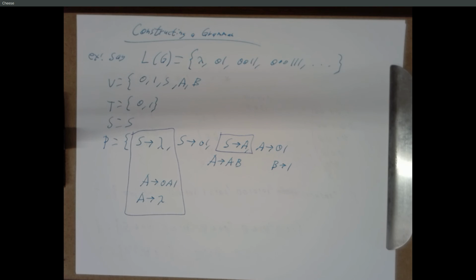So S could be empty, S could go to A, which is just a 0, lambda, 1, which is 01. There could be a 0A1, which would be a 00A1 1, and that middle A can go to lambda, so there's our double 0, double 1. Does that get us there?